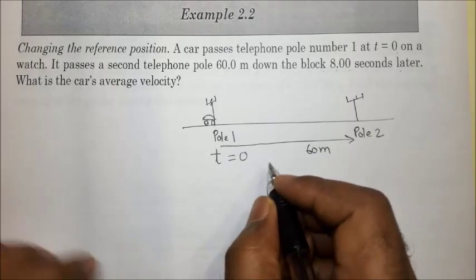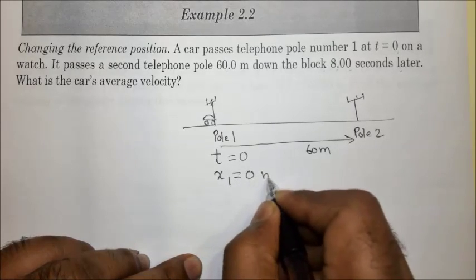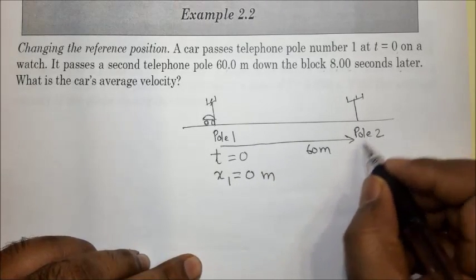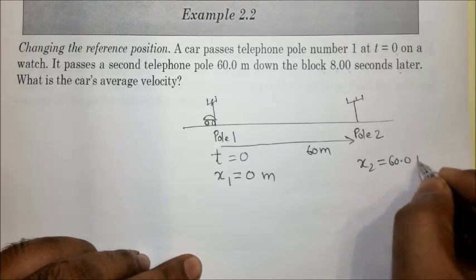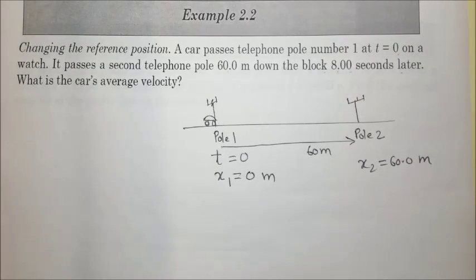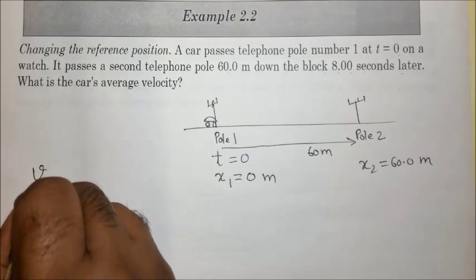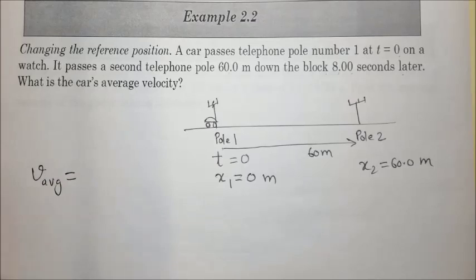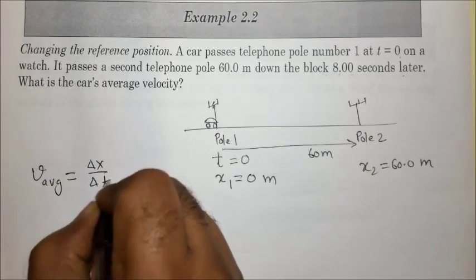So you have x1 is 0 meter, and here x2 is 60.0 meter. So again V average becomes delta x over delta t.